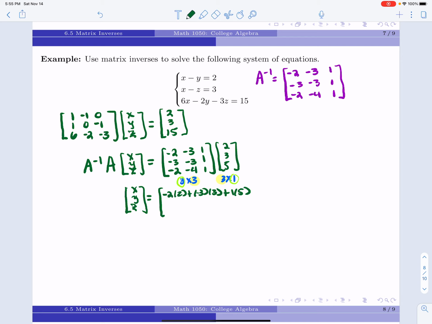For our second row, first column, multiplying our second row onto our first column, we get -3 times 2 plus -3 times 3 plus 1 times 5. And for our third row, first column, we get -2 times 2 plus -4 times 3 plus 1 times 5.